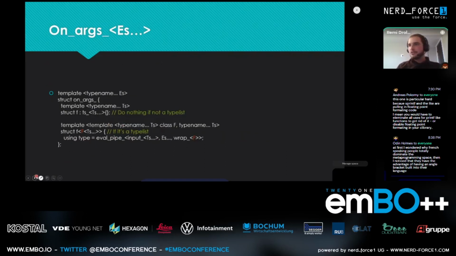So this is my solution. A function that I named onArgs. I'm not very imaginative. Basically, on the arguments, I want to do nothing if it's anything other than a type list. So this is very generic. It doesn't do anything. It just outputs the same thing that it receives. But in the case that it's a type list, I can specialize it with this template class f, then the template arguments of the template.